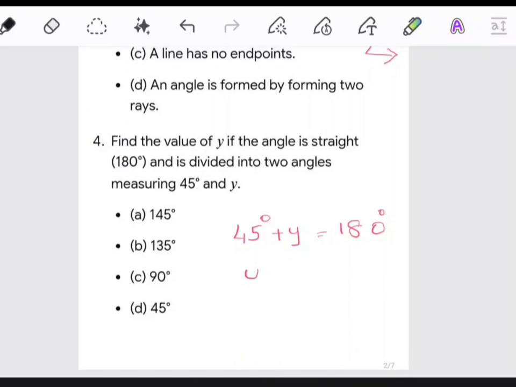So from here we can find y. y equals 180 minus 45, that is 135 degrees. This is the answer. So option B.